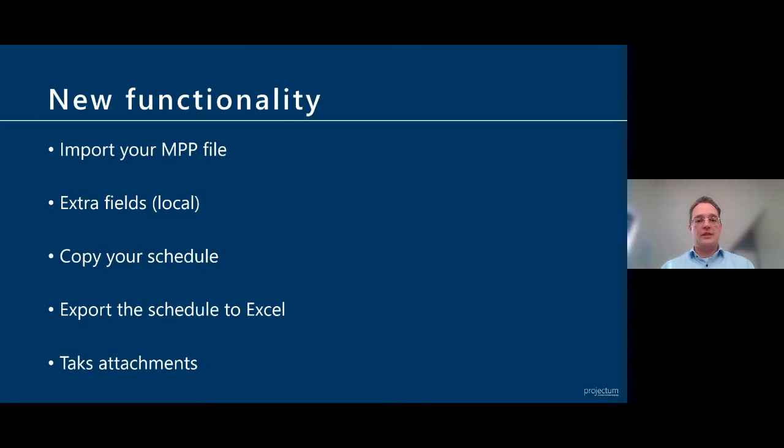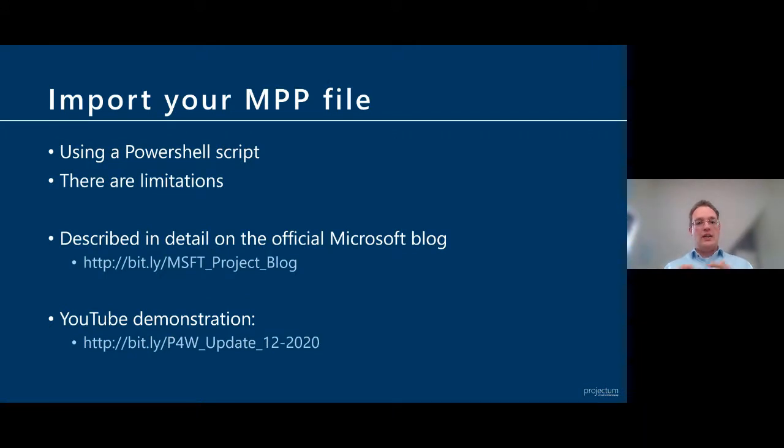So, the first thing that we're going to jump into is a bit of a technical aspect where you will need to use PowerShell and have a couple of files downloaded to your machine in order to do this. A couple of limitations that we'll see is that it doesn't take resources into account. So the resources that you had in your local schedule won't be retained in the Project for the Web schedule.